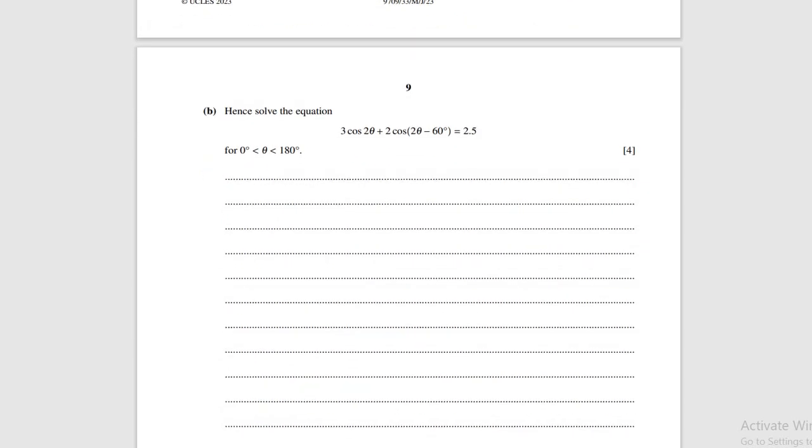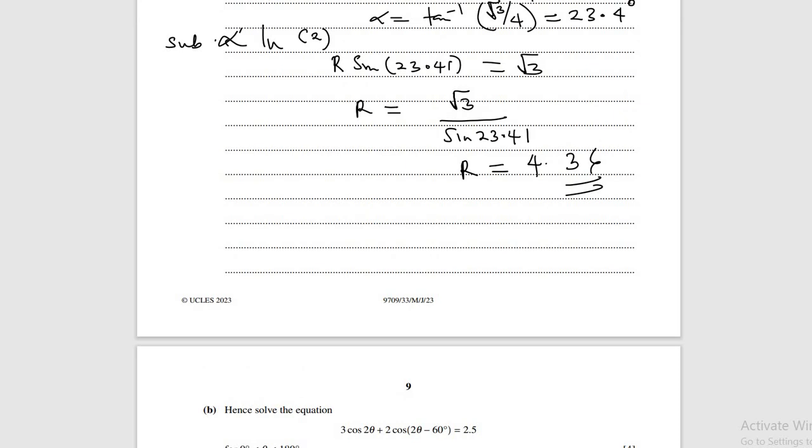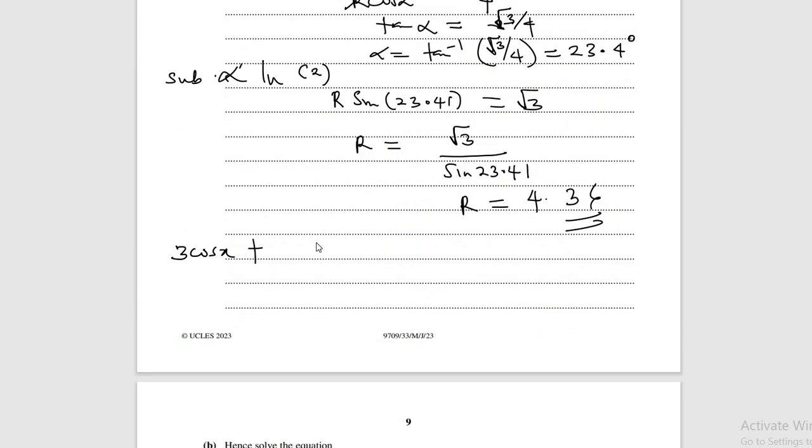Hence, which means that we have our R. I'm writing the question: 3 cos x plus 2 cos(x minus 60).